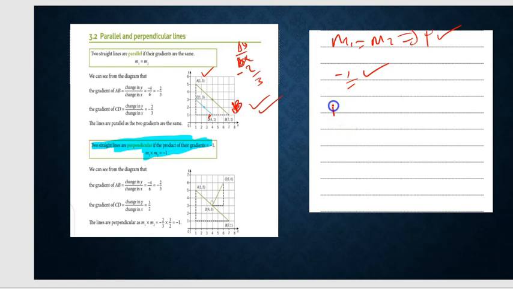What we mean is the product M1 multiplied by M2 must be equal to -1. So let's use this concept as we try now to solve questions related to perpendicular lines and parallel lines.